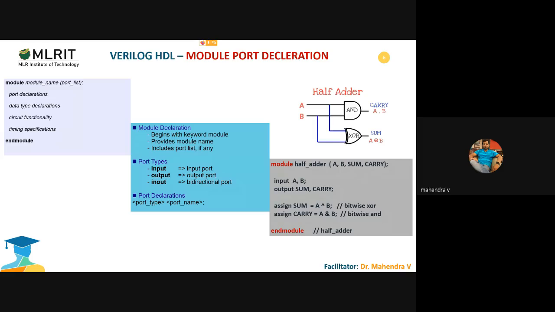Alphanumerics are capital A to Z, small a to z, and 0 to 9. In addition to these, underscore is allowed. That is the first rule. The second rule is that an identifier name should not start with a number.